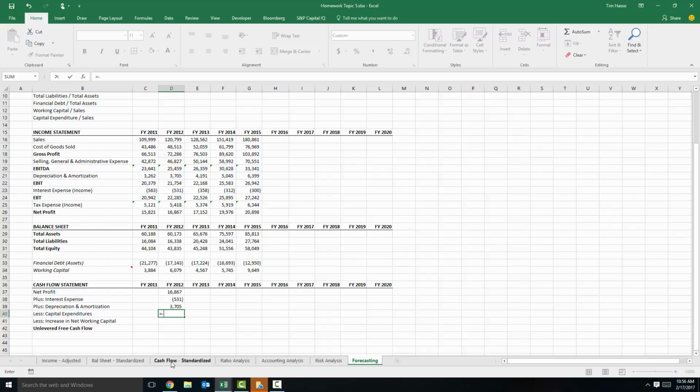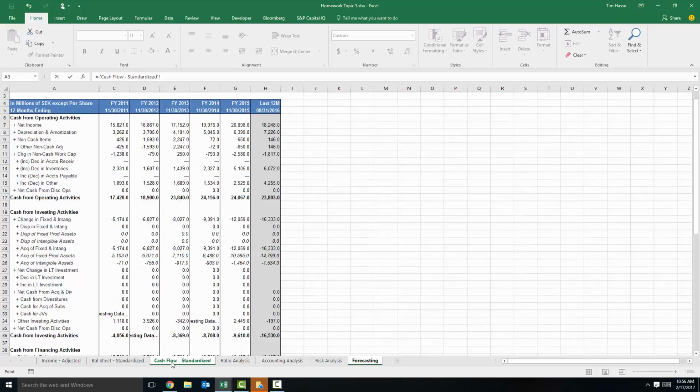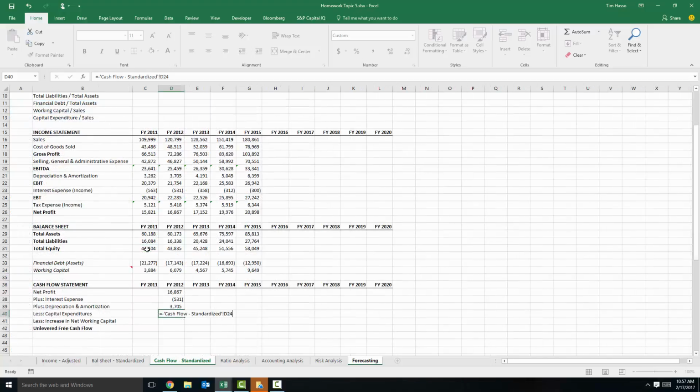The reason for that is because the capital expenditure on the cash flow statement is already negative, so otherwise we would effectively get a double negative. So we're going to find acquisitions of fixed and intangible assets, which is essentially your capital expenditure. Press enter, and again you see that it's positive 6,827, which is because we added that negative sign at the beginning.